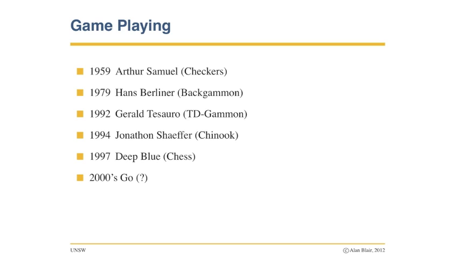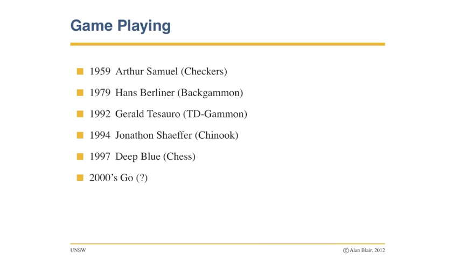Another game people looked at was backgammon. Hans Berliner in 1979 wrote a backgammon playing program. It was able to beat the human champion at one or two games, but not in a whole match. The humans still had the edge until 1992, when Gerald Tesauro's program TD-Gammon was able to beat the human champions, and it was a very big success for reinforcement learning.